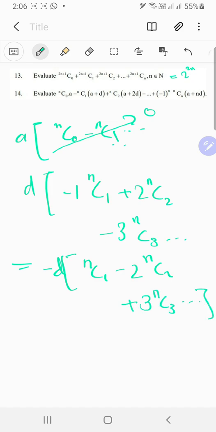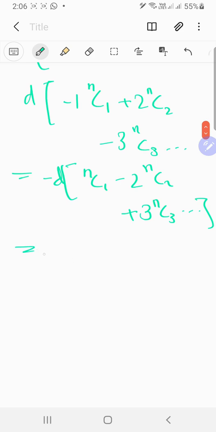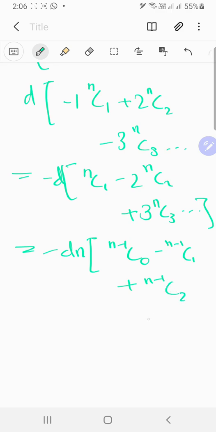So now what we can do is write it as minus d into n, and then nc1 is n upon 1 into n minus 1 c0. So it's supposed to be n minus 1 c0 minus n minus 1 c1, plus n minus 1 c2 and so on.